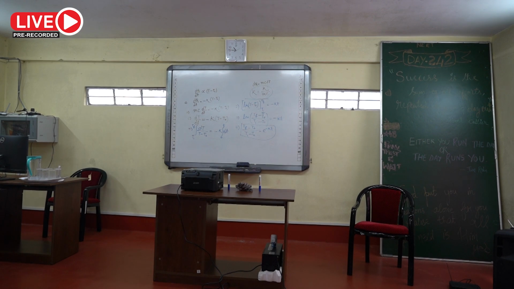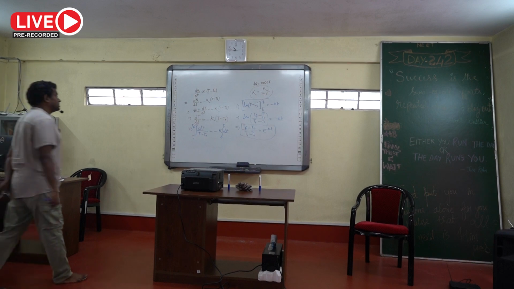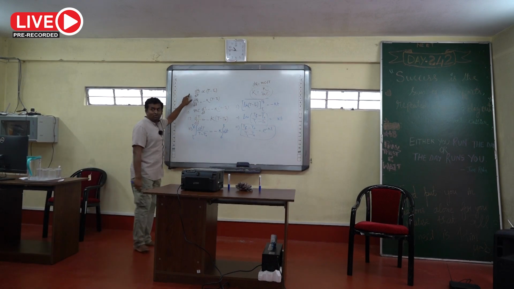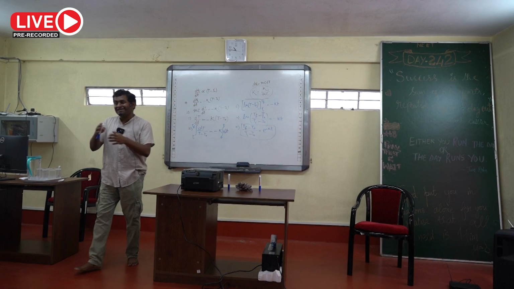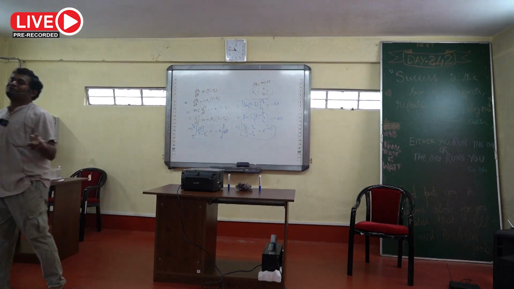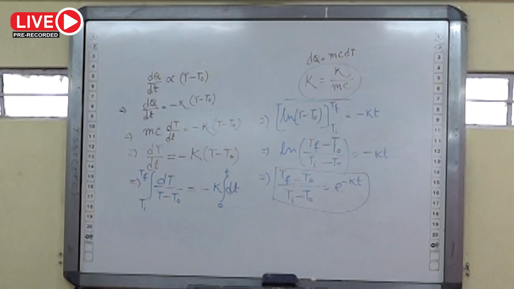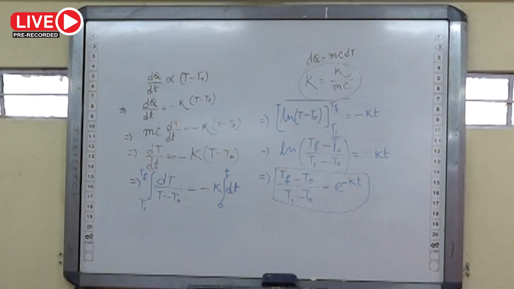So for Newton's law of cooling, don't start from the beginning, because in that case you have to derive the entire formula and then go for the problem solving. So remember the final formula, and whenever a problem comes, apply that and calculate.